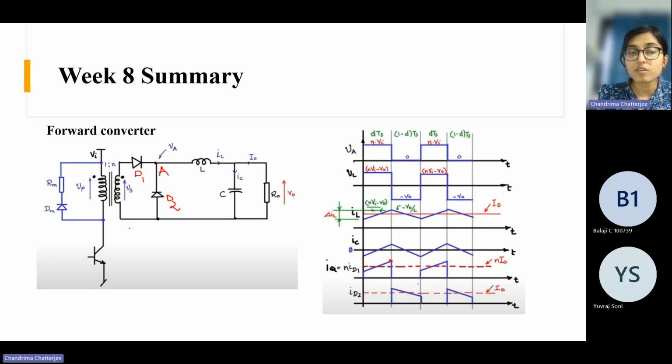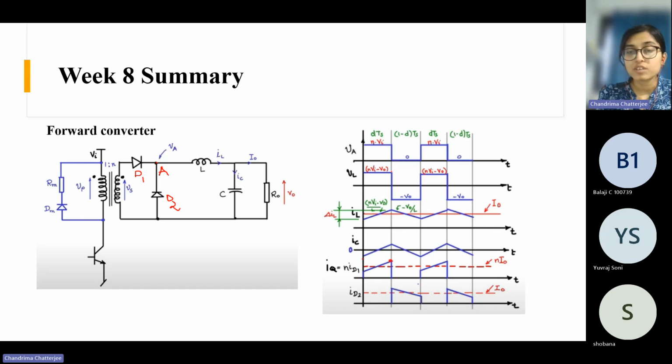And when the switch is off, then D2 gets forward biased. So the potential of A with respect to this point is 0, right? So this gets repeated. And if you see VL, for buck converter, we saw that the voltage across the inductor is VI minus VO in DTS period. But here it is NVI minus VO because of this 1:n turns ratio.